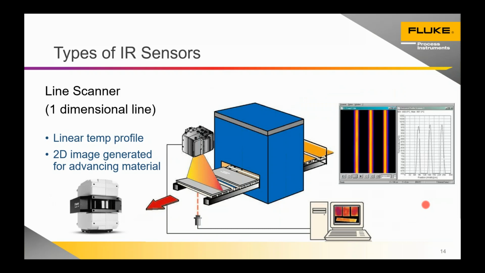The next main technology that we have is a line scanner, often referred to as a scanning pyrometer. This takes a single detector, which in this device would be up here looking down, and then we have a rotating mirror, and we're able to scan from left to right or right to left and build up a thermal image very quickly and very accurately, very repeatably.